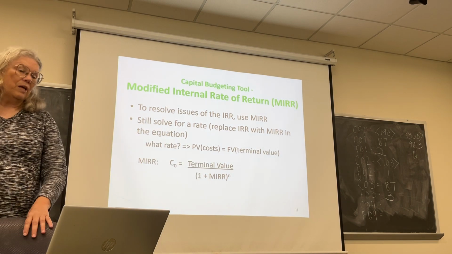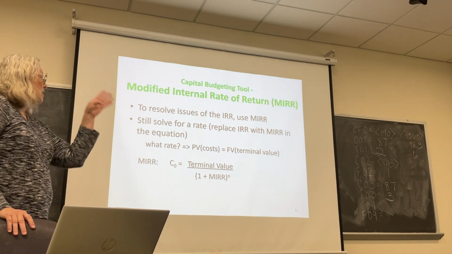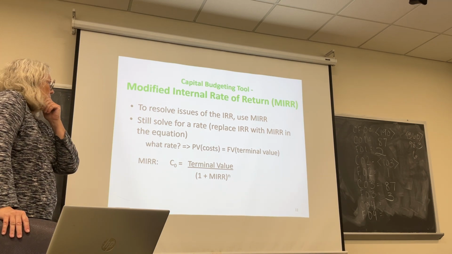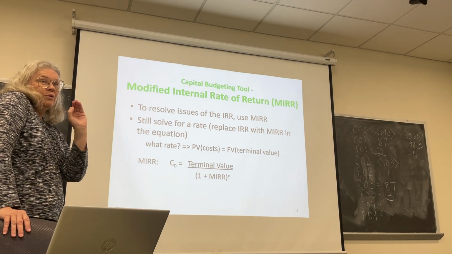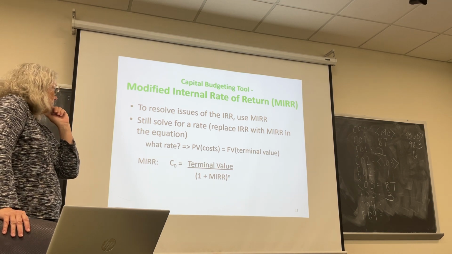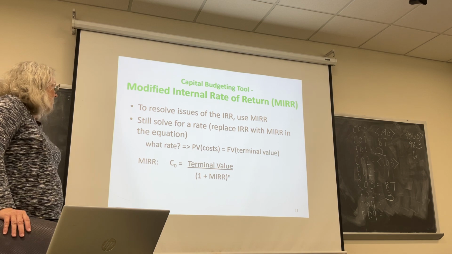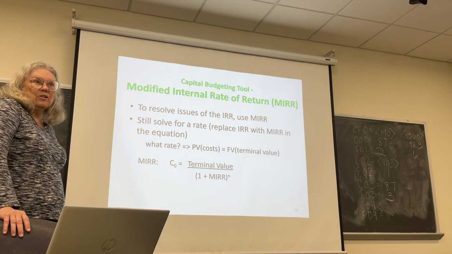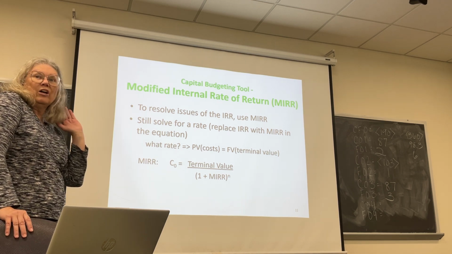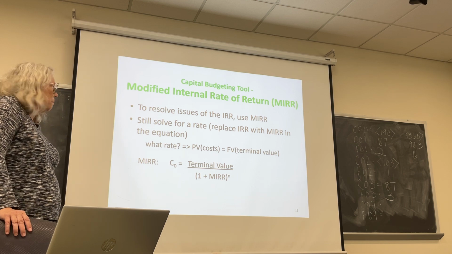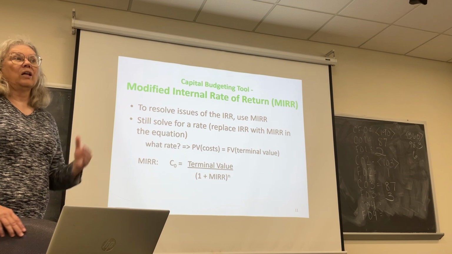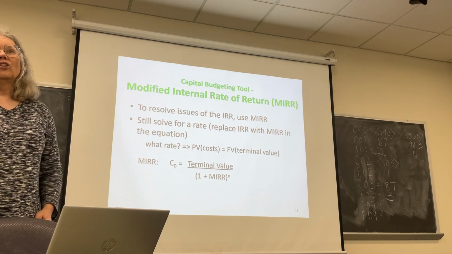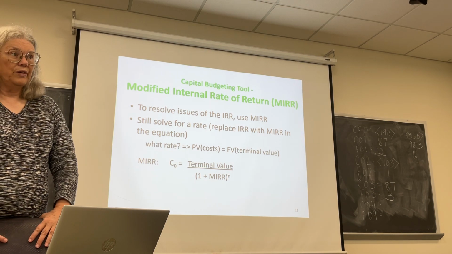Because we have found the future value and the present value using the cost of capital, that is the reinvestment assumption. And we only have one negative and one positive number, so we only have one answer. But we're still looking for a rate, and we're still going to compare that to the cost of capital.